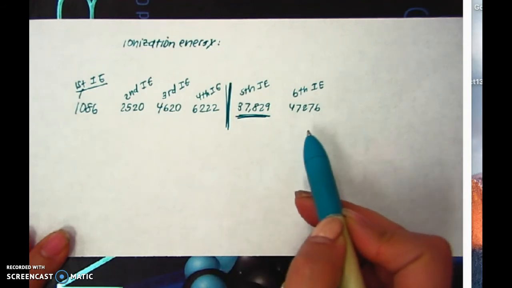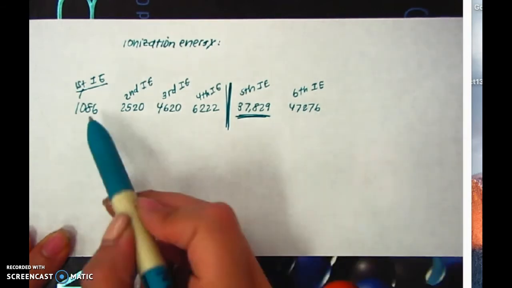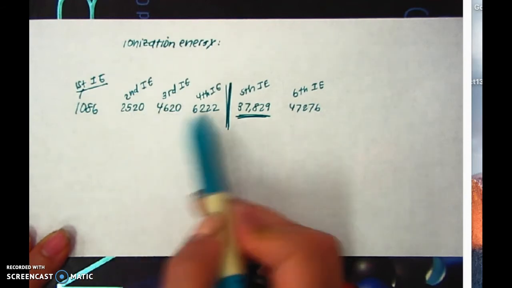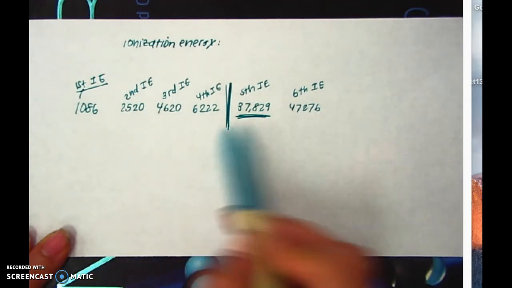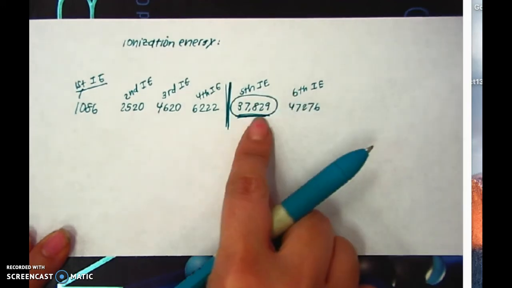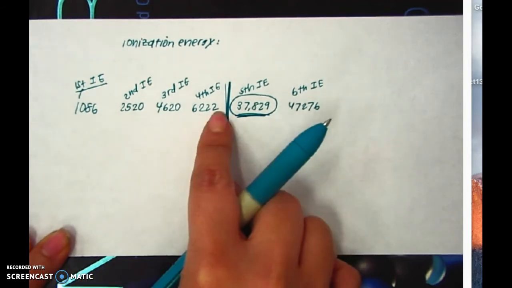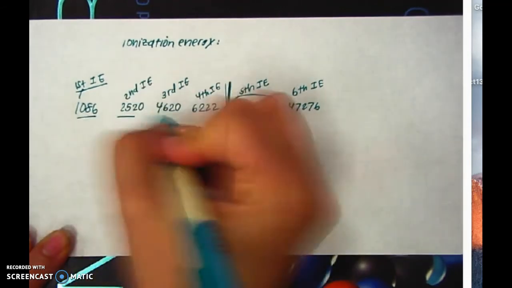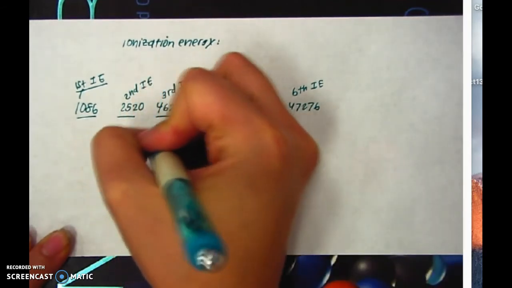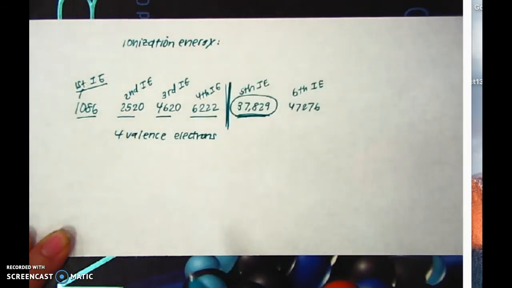So one thing you could deduce from all these numbers is that as you pull off the first and then the second and then the third and then the fourth electron, when you try to pull off the fifth, all of a sudden we need a huge amount of energy relative to all these other numbers. So this tells us very clearly that there are 4 valence electrons inside this atom.